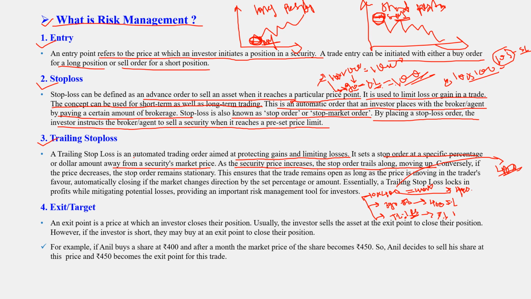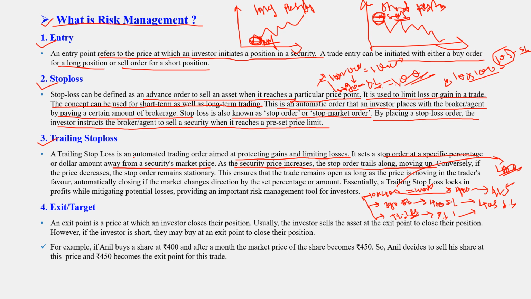After some time this price will go to 415, and this stop loss order also moves up 5 rupees. We maintain the gap through the trailing stop loss, right? And after that, our target order is 430, but after some time, because of news or some impact, the market will be going down, right?